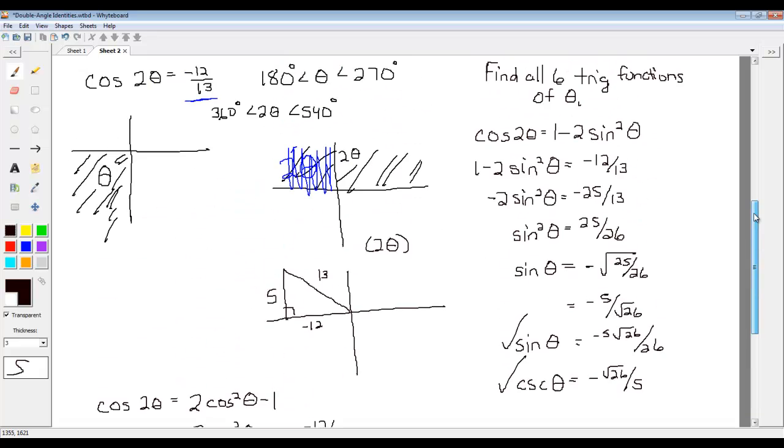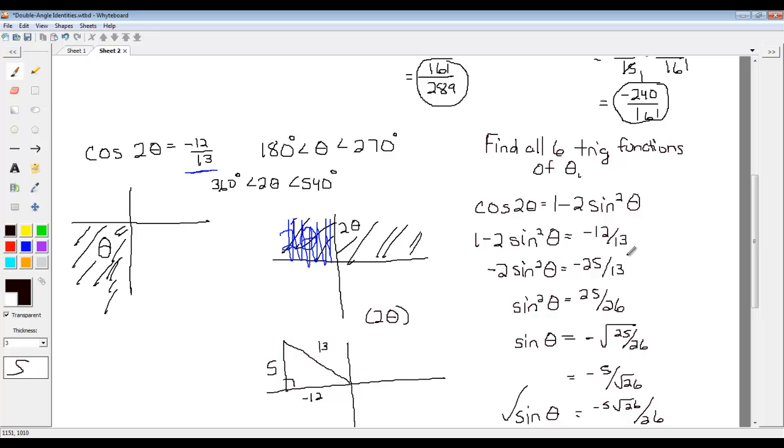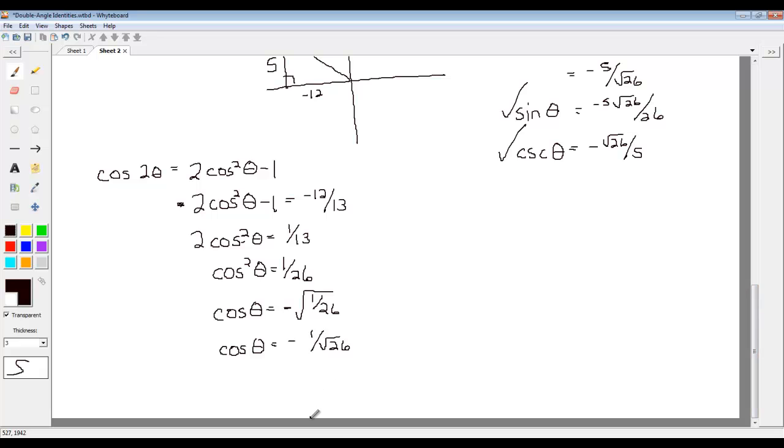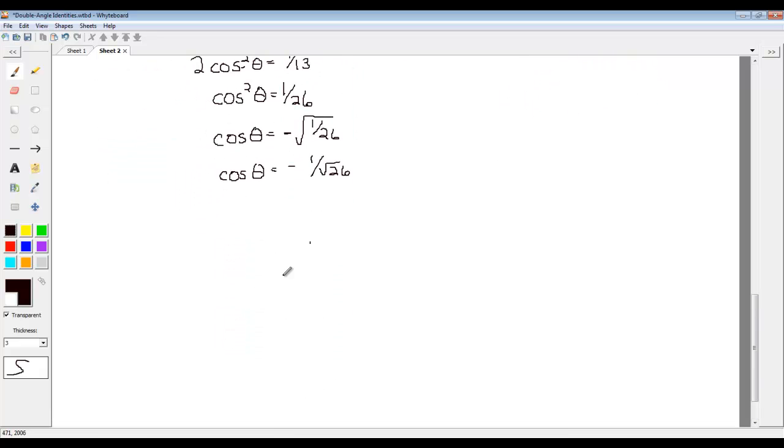Okay, again, we're in quad 3 for theta, so cosine is negative there. So we'll do the negative square root. So cosine theta equals negative 1 over the square root of 26, which means cosine theta equals negative square root of 26 over 26.